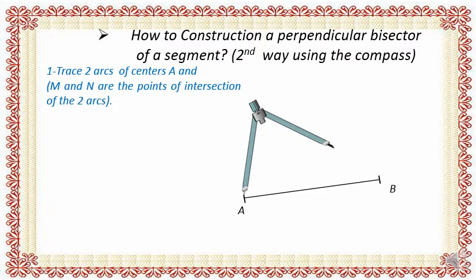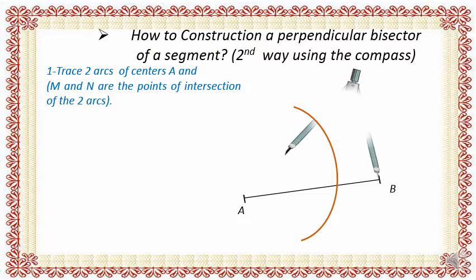Put the compass on A, open it more than the half of AB, and make an arc. Then keep the same opening, put the compass at B and make the second arc.